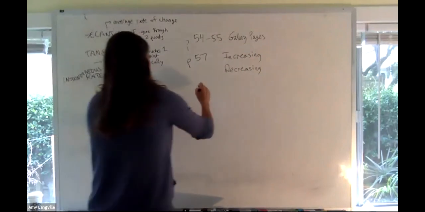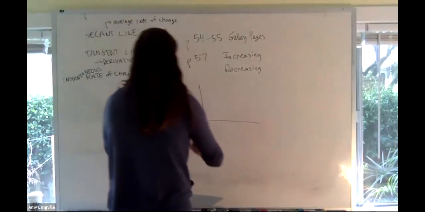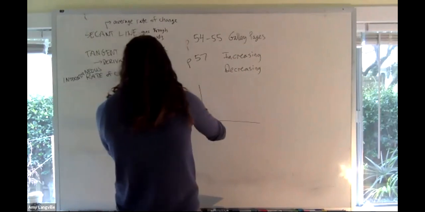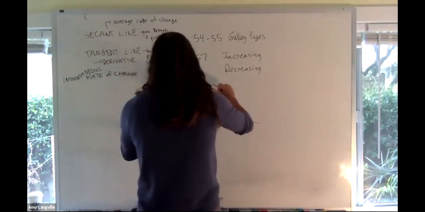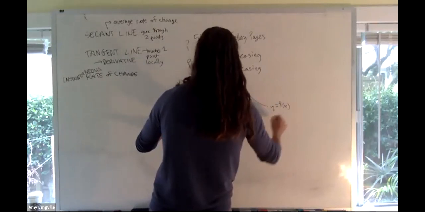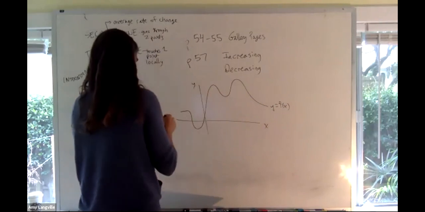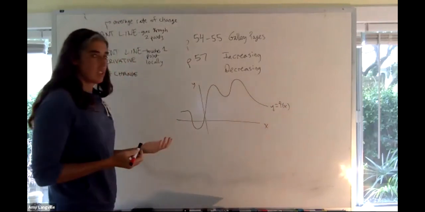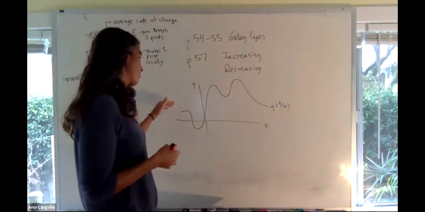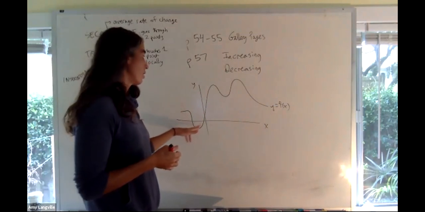It just says, if I have a function, something like this, I am increasing whenever I would be imagining now, this is like I'm pedaling my bicycle.